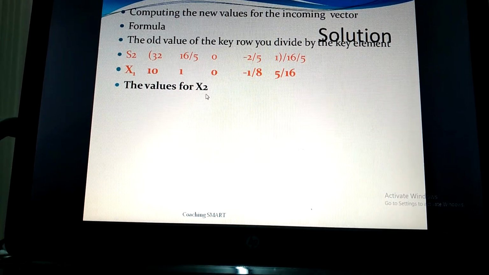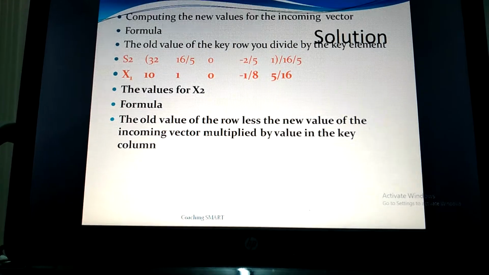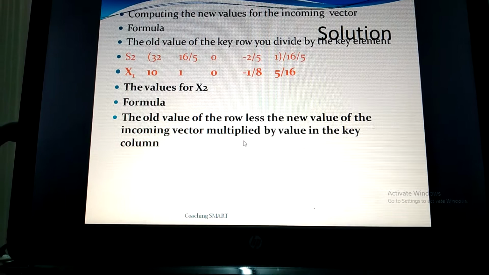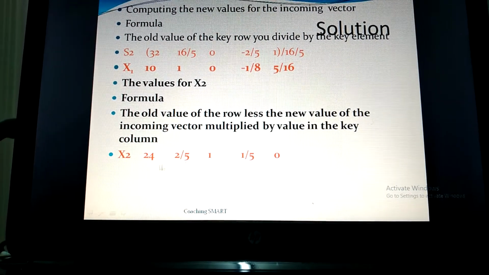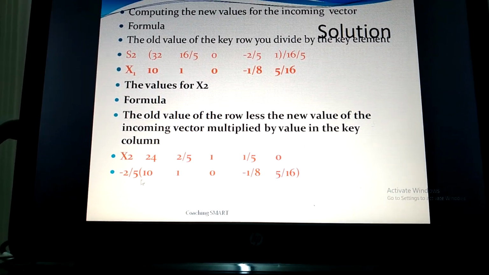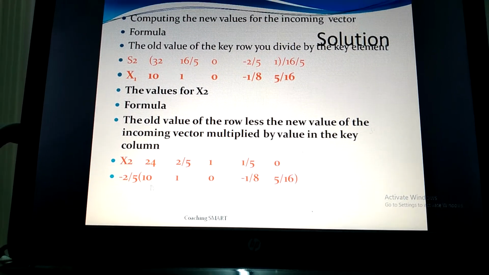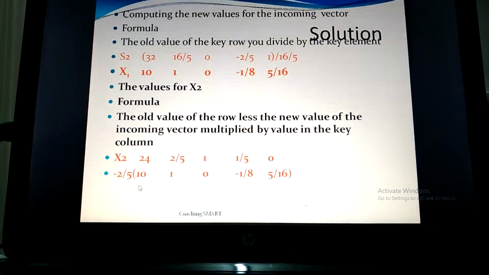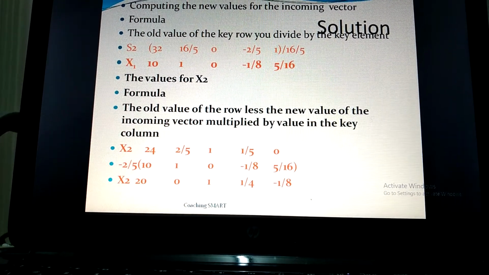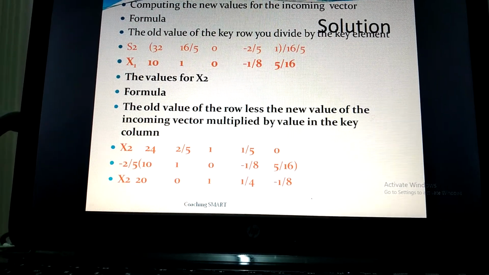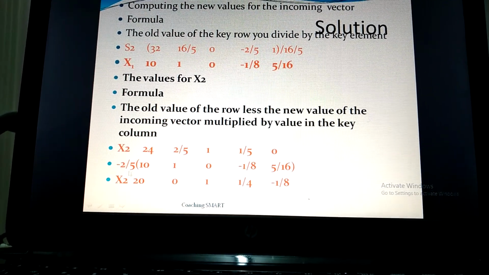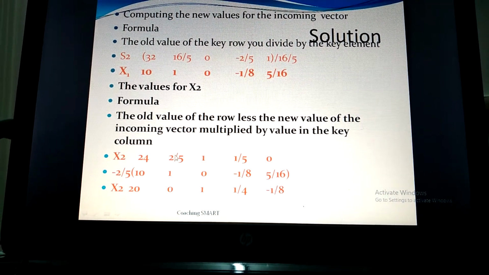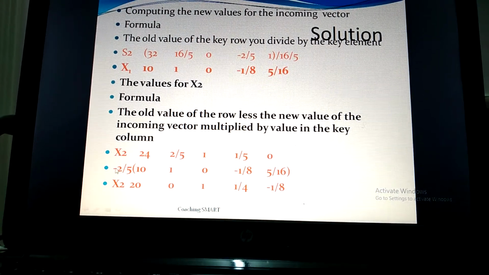The values of x2, how do you get that? The old values of the row less the new values of the incoming vector multiplied by the key column. So these are the old values for x2. The new values will be 24 minus 2 over 5 times 10, which gives us 20. 2 over 5 minus 2 over 5 is 0.